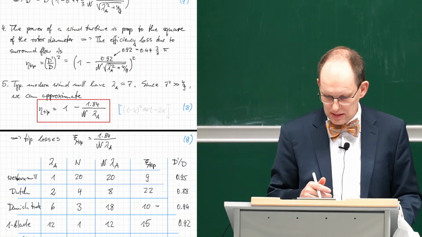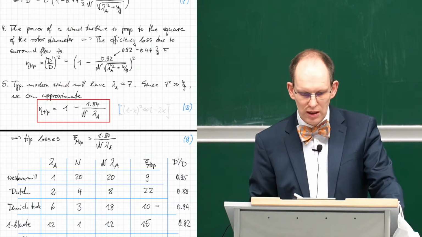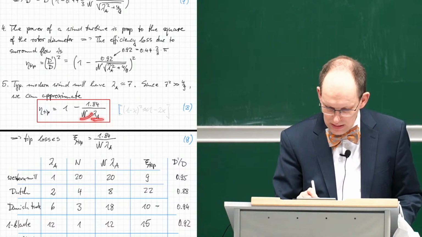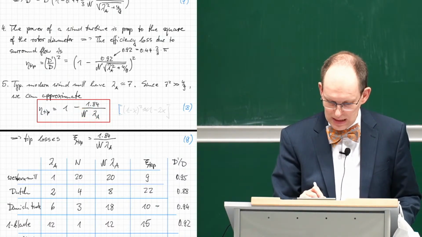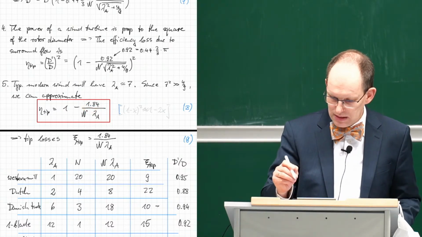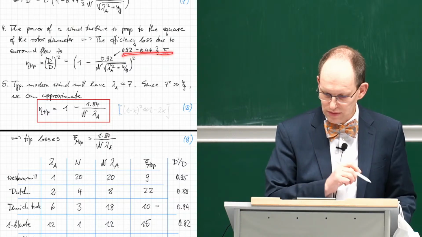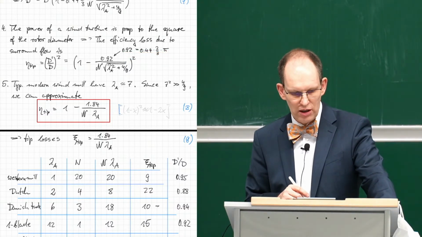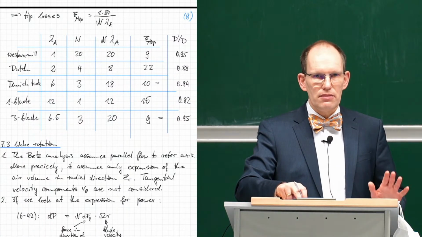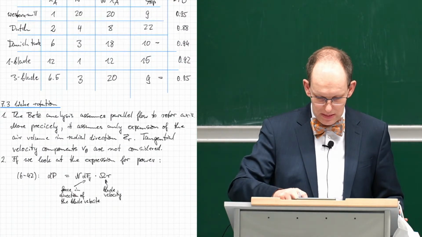Also a nice and compact formula. Again, you see the tip speed ratio. Here you see the number of blades. Well, this factor here is just a combination of different constants. Okay, 2 of the 3 loss mechanisms.